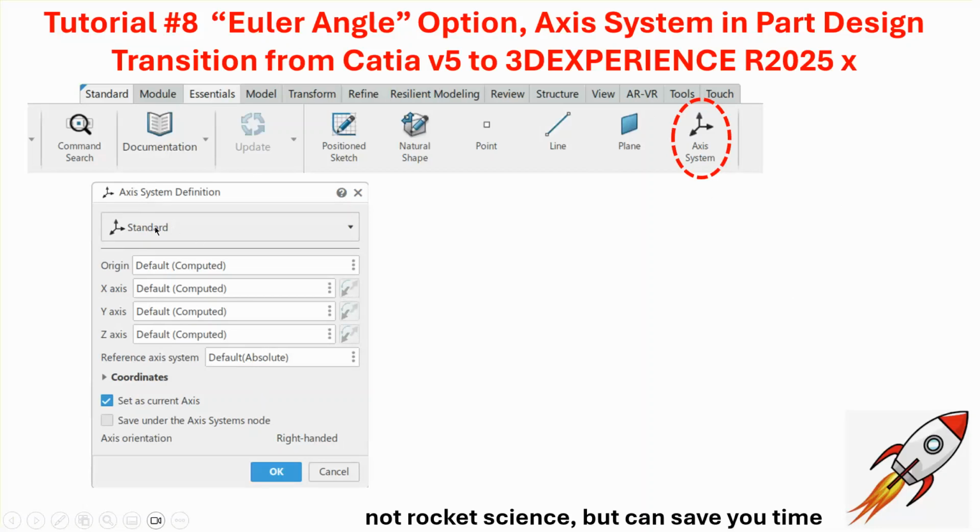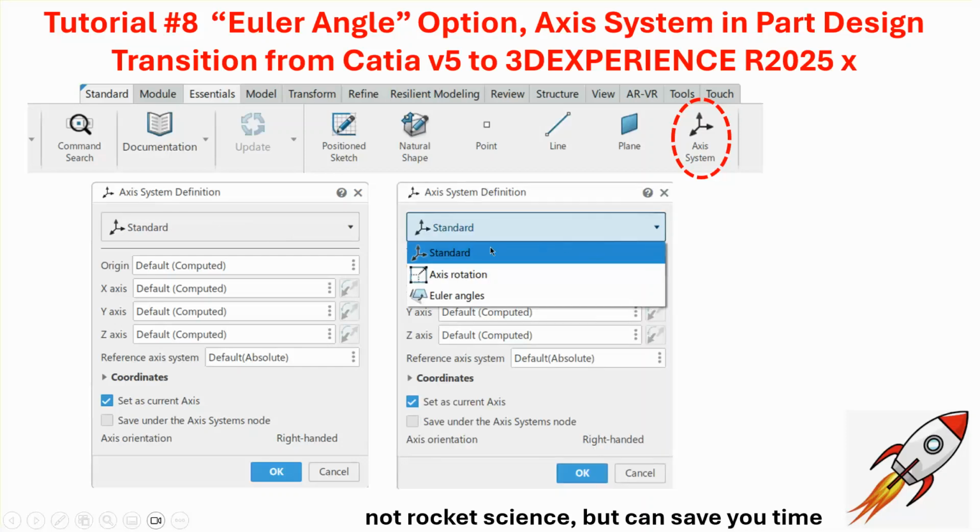Notice that there is a pull-down menu which allows us to select different ways of creating this axis system: standard, axis rotation, and Euler angles. This tutorial concentrates on Euler angles because the other two are fairly straightforward as far as understanding goes. So this is what I'm interested in.